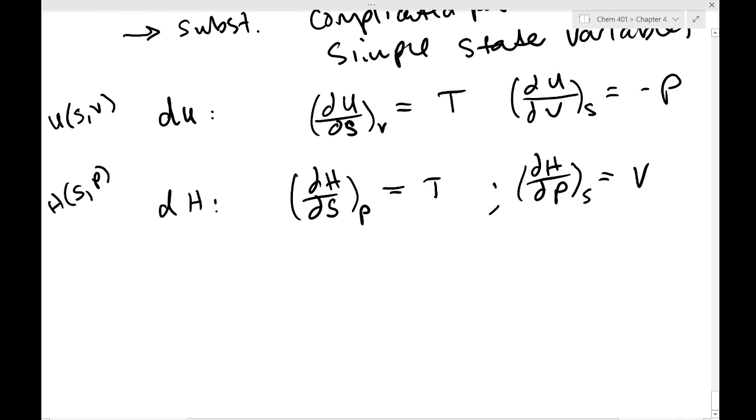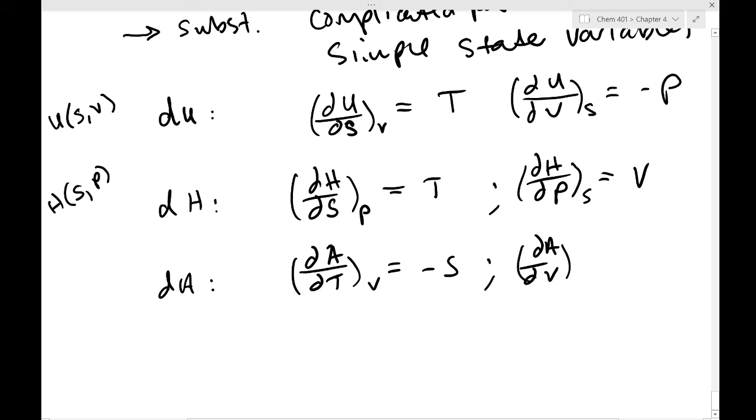Okay, and then we can do dA. The partial of A with respect to temperature at constant volume is equal to negative entropy. The partial of A with respect to volume at constant temperature is equal to negative of the pressure, with natural variables in this case of temperature and volume.